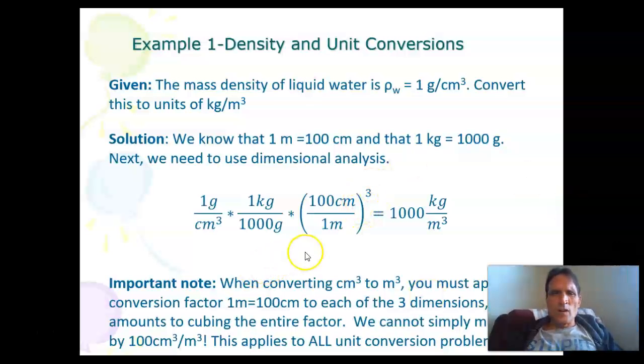And so now if we look at our dimensions, the centimeters cubed cancel, and we're left with kilograms per meter cubed. Now we look at the numerator: 100 cubed is 10 to the 6, divided by 1,000. The 1,000,000 divided by 1,000 is 1,000, and we get that 1 gram per cubic centimeter is equal to 1,000 kilograms per meter cubed.